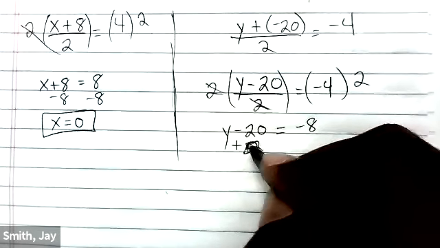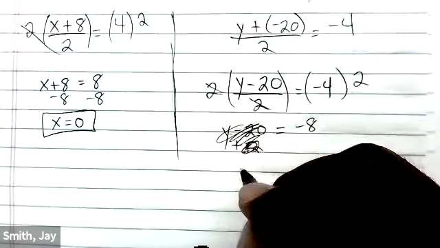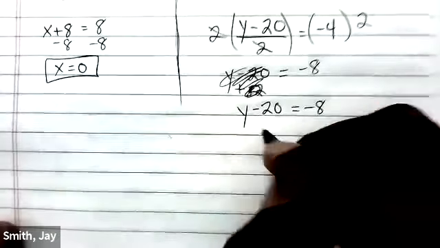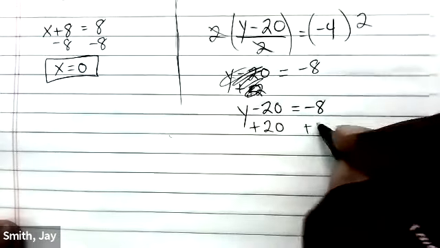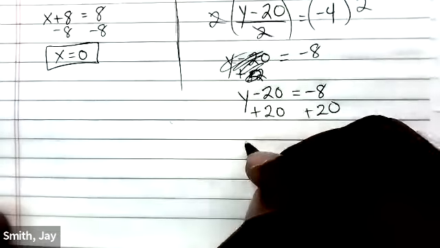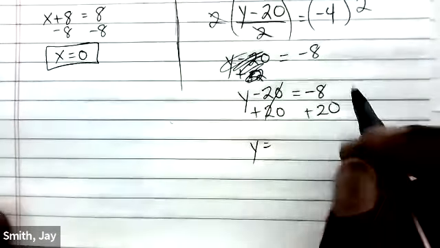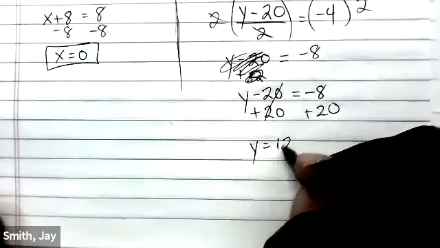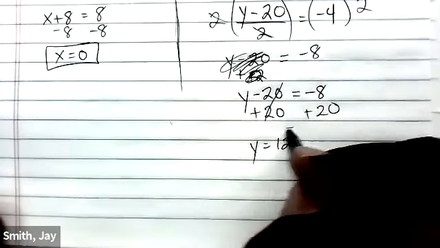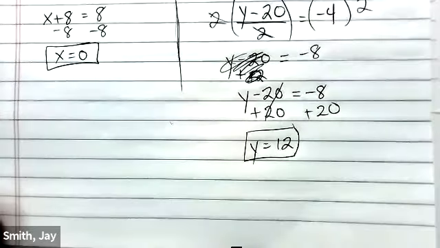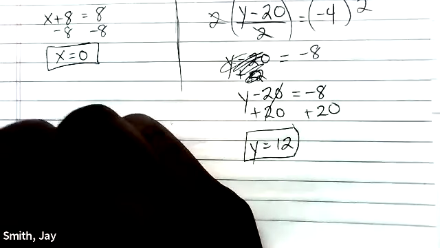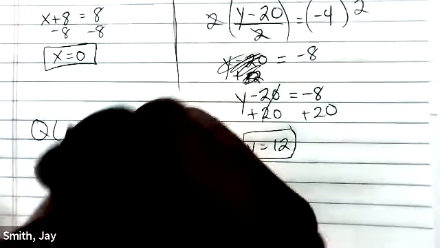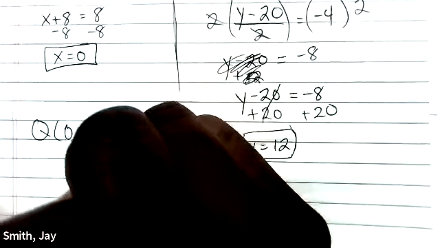I'm going to add 20 to both sides. And -8 plus 20 is +12. So that ordered pair, which represents the point Q, is going to be the ordered pair (0, 12).